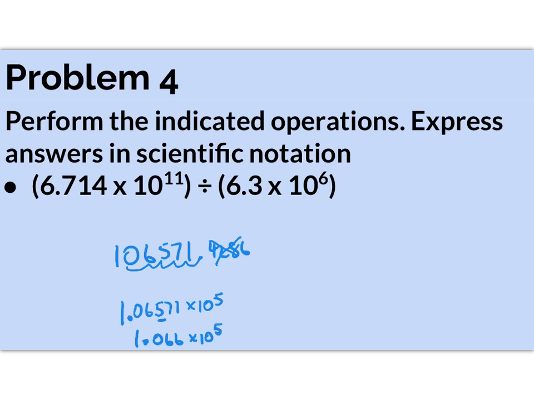So let me write this out for you. These are the buttons on the calculator you hit. You hit left parentheses, which is over the 8, 6.714, second comma, 11, close the parentheses, hit the division sign, left parentheses, 6.3, second comma, and these are separate buttons, so you punch all these in individually.